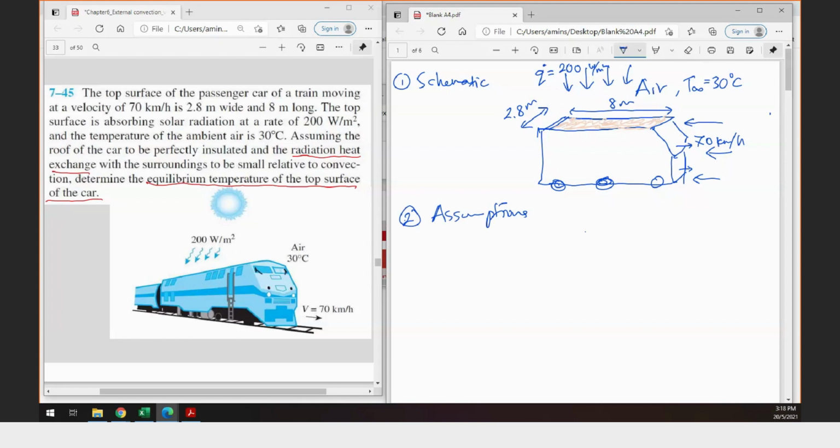Okay, assumption says that the radiation heat exchange to the surrounding is small and neglected. Okay, what else?